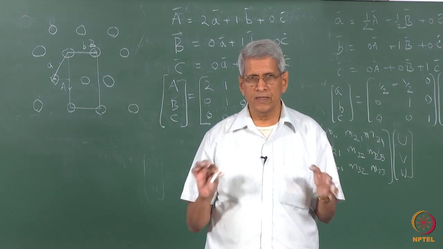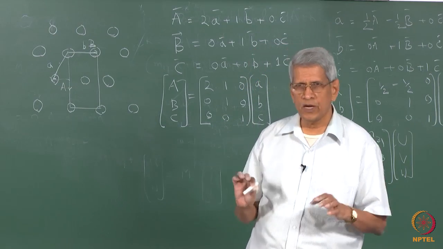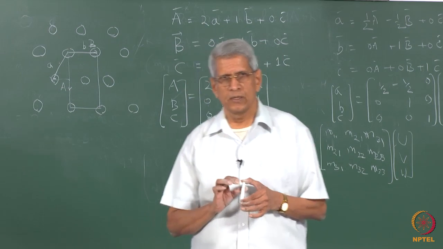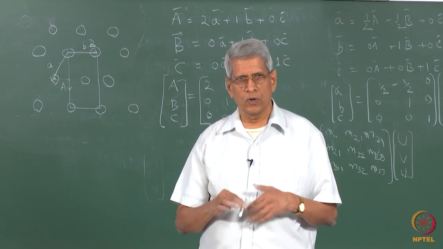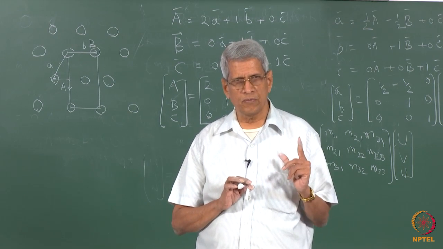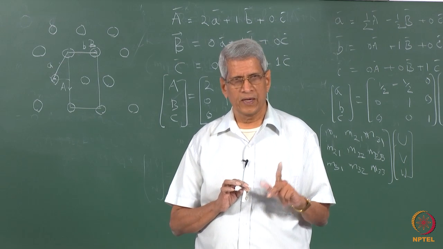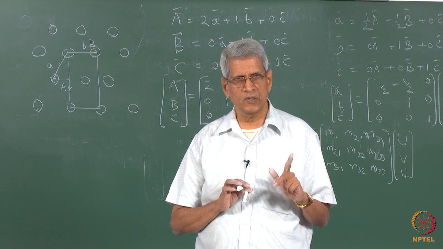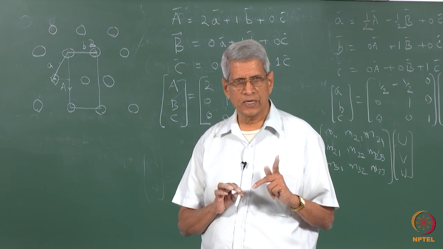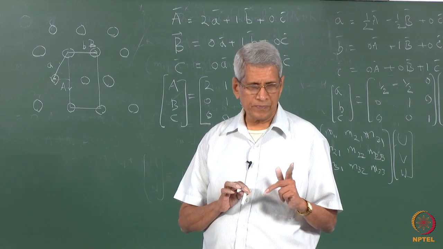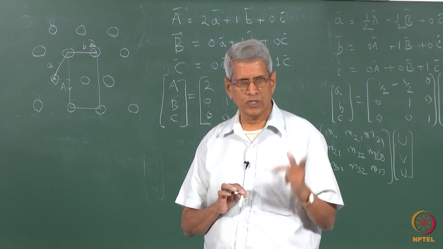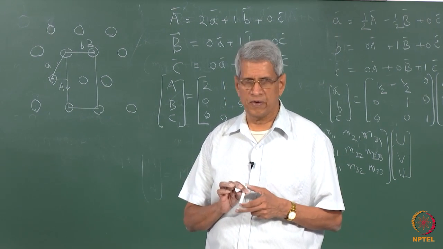So essentially in this lecture, what I have tried to do is to derive expressions to go from one coordinate system to another coordinate system, if that change involves only a rotation of axes, and also if the coordinate system is changing from one lattice to another lattice, where it is not only a rotation, even the dimensions of the lattice parameters change, that is, the volume of the cells also changes. Both the cases we have considered.